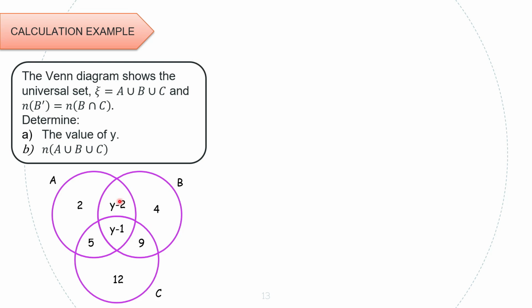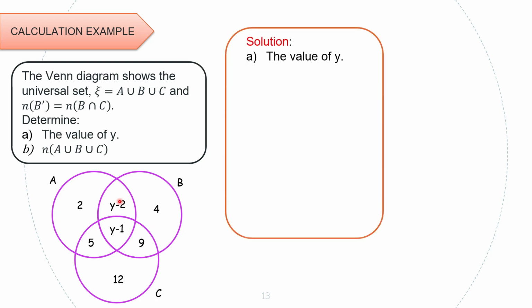So how do we do that? For the solution for the value of y, first, we must determine the number of elements of the complement of set B. The complement of set B is this part, which is 2 plus 5 plus 12.